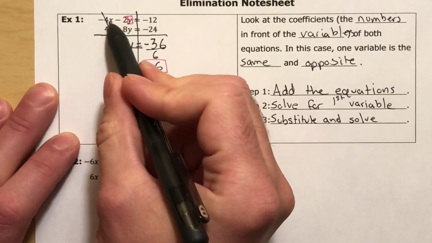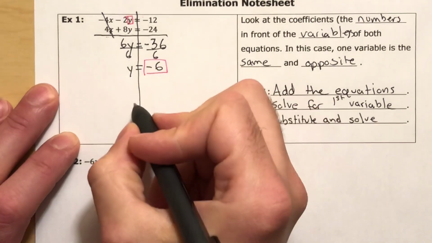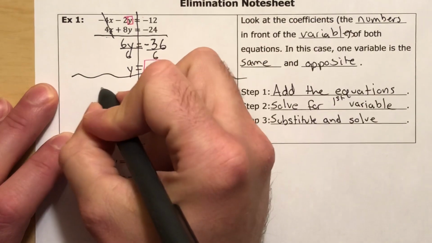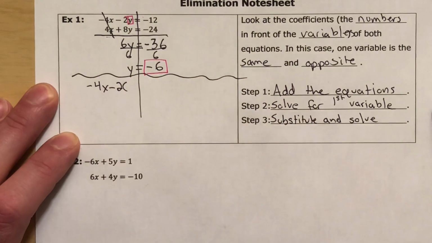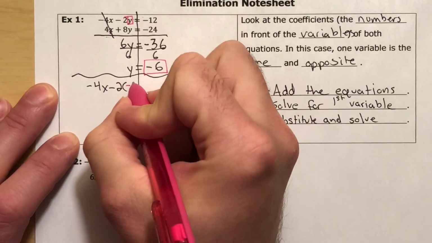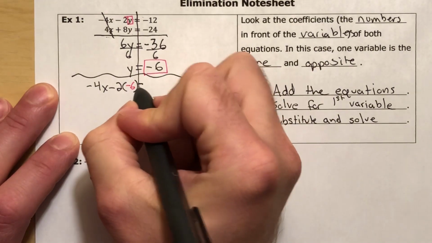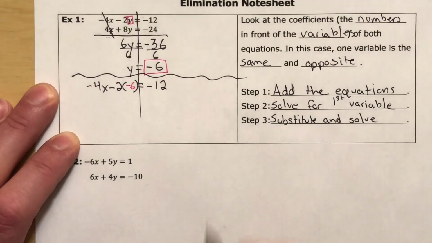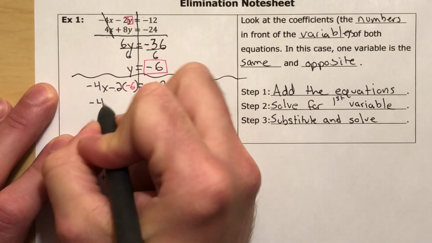So now we're going to rewrite the second equation with -6 in place of y. So -4x minus 2 times -6 equals -12. And then our next step is we'll multiply. -2 times -6 is +12.